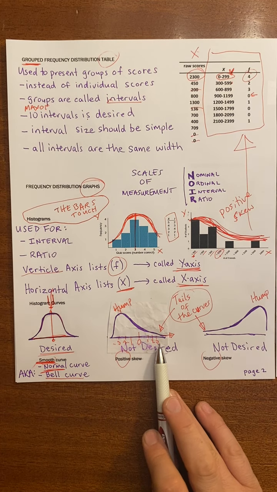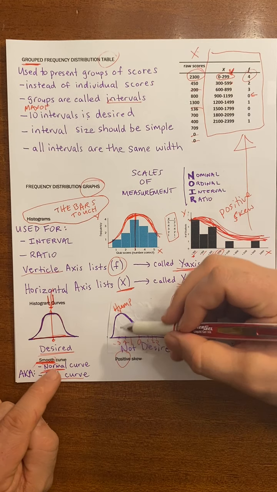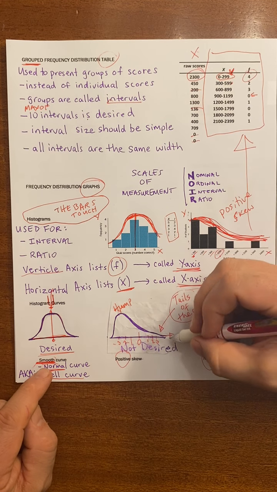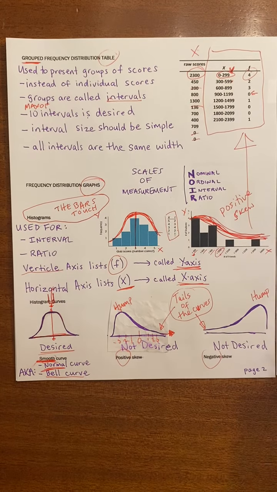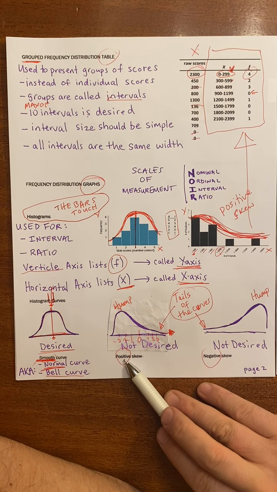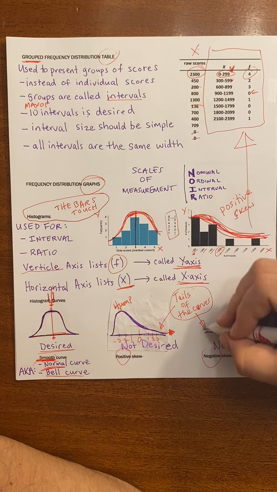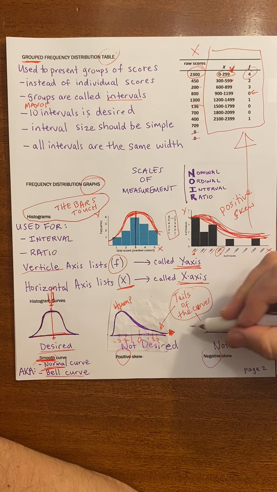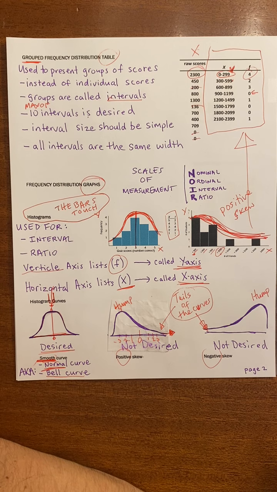The numbers to the right would be your positive numbers. So in a curve like this, where the tail is pointing in the positive direction, you call that curve positively skewed. On the other hand, if your tail is pointing in the negative number direction, then you have a negative skew.